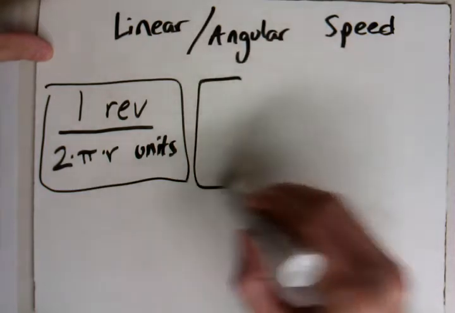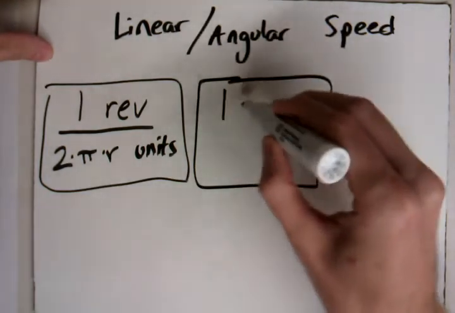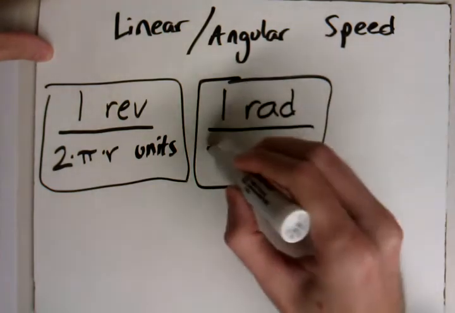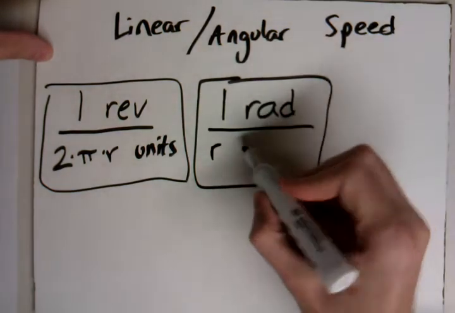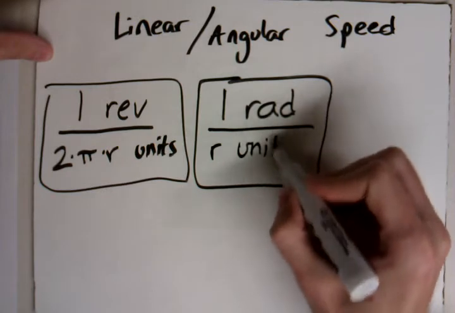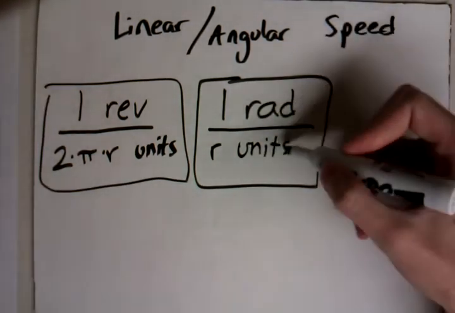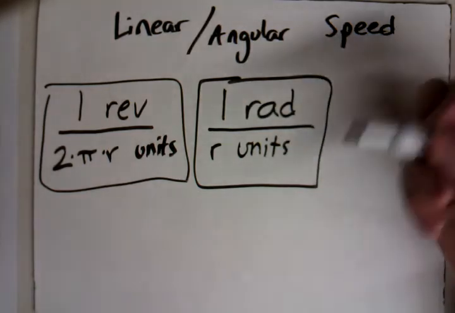Another one that I use a lot is I know that 1 radian is equivalent to 1 radius. So whatever the units are on the radius, I can convert between radians and inches or miles or feet or whatever the radius is given in.